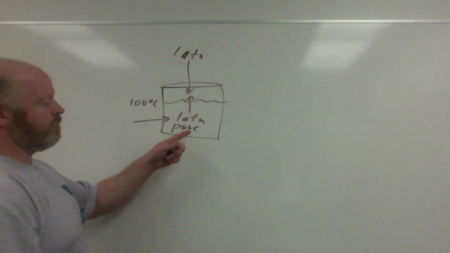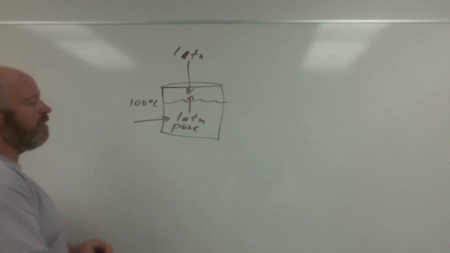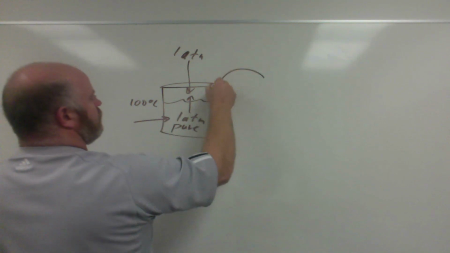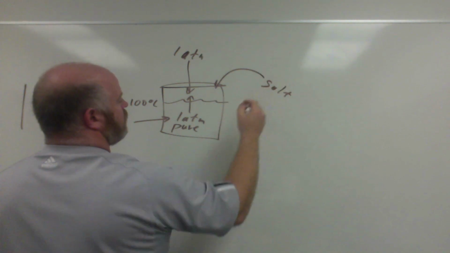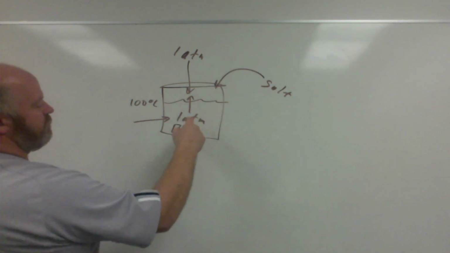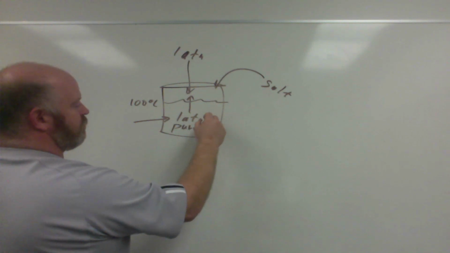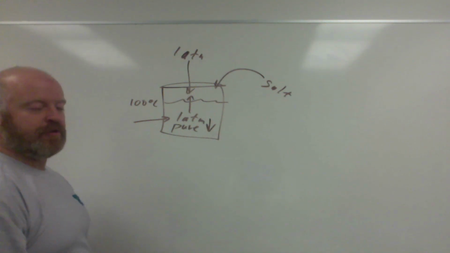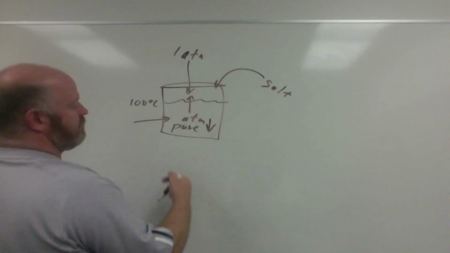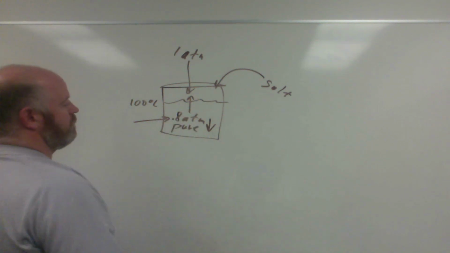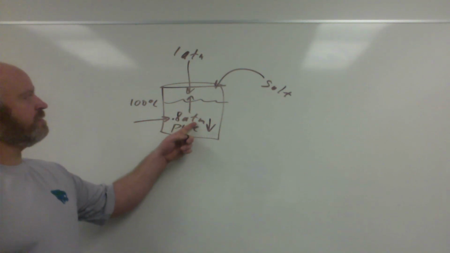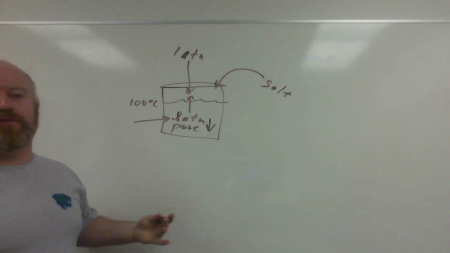When those two things are equal, we boil. Now, if I add salt in here, that salt is going to disturb this and drop the vapor pressure down, so it won't be 1 atmosphere anymore. Maybe it'll be only 0.8. At 0.8 atmospheres, it doesn't match the 1 anymore, and it won't boil.